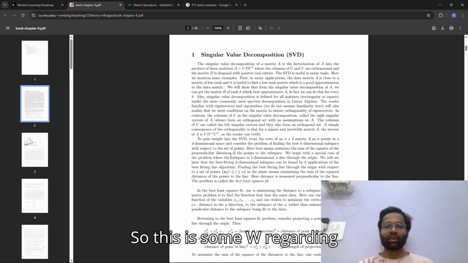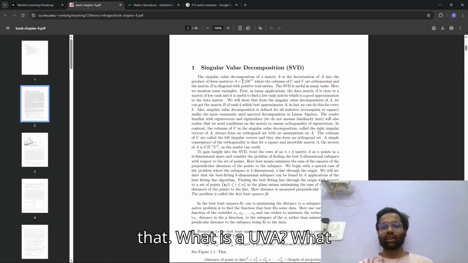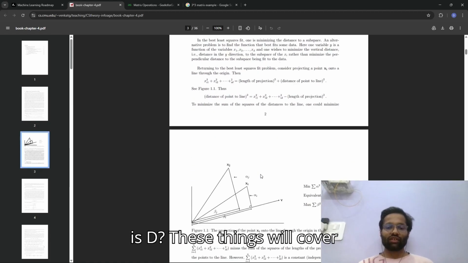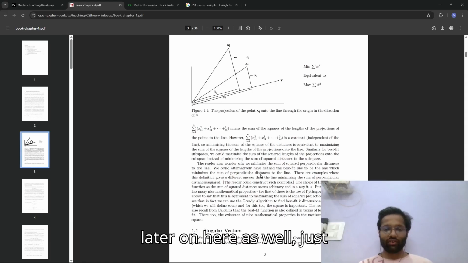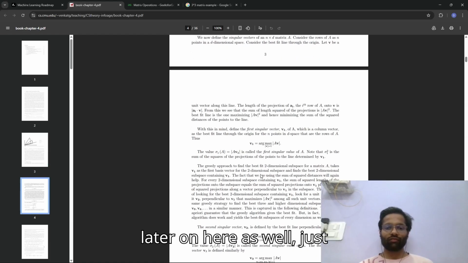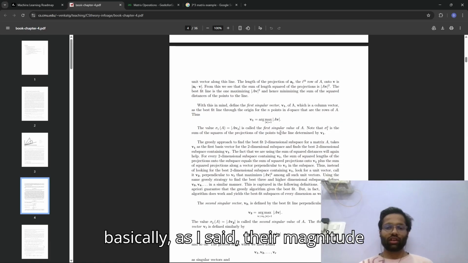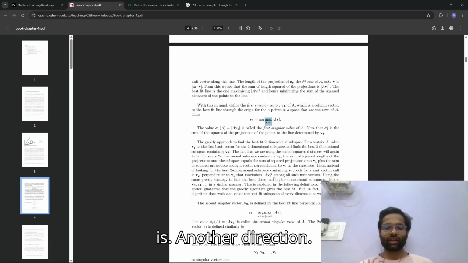So this is some math regarding that. What is a UVD? What are U, V, and D? These things you will cover later on here as well. Just don't worry. Singular vectors are basically, as I said, of magnitude one in the direction.